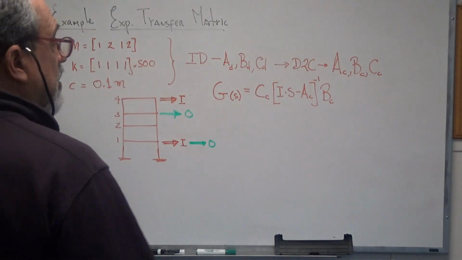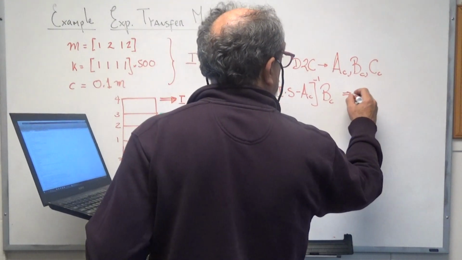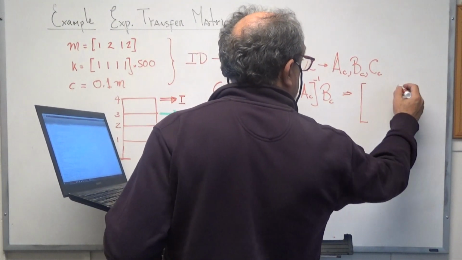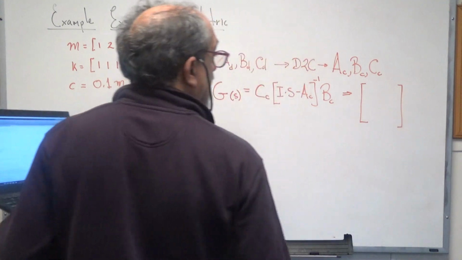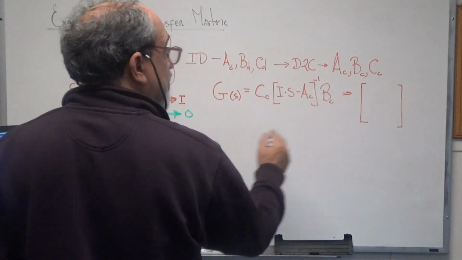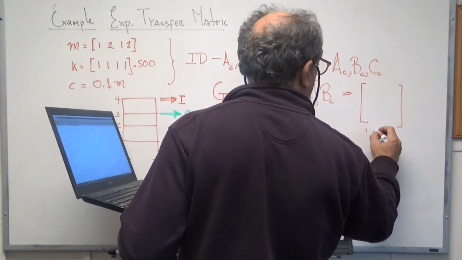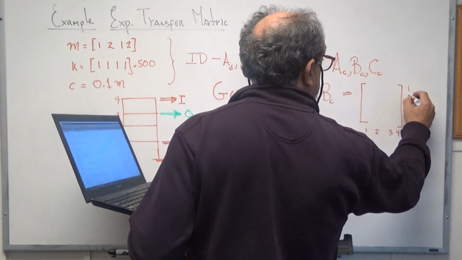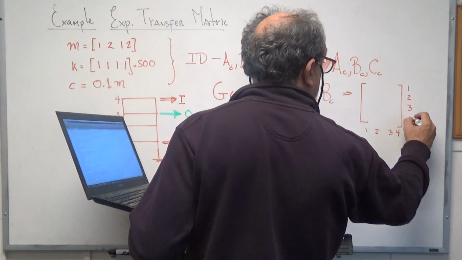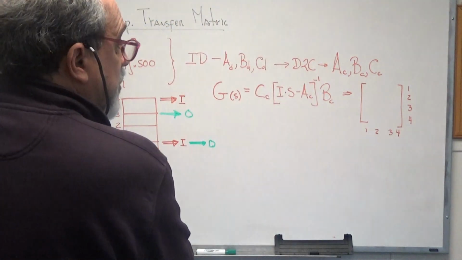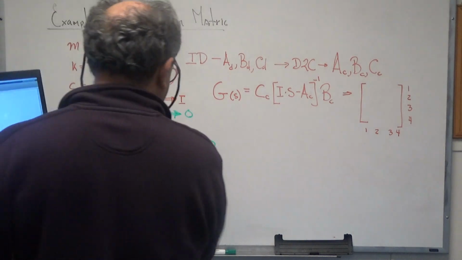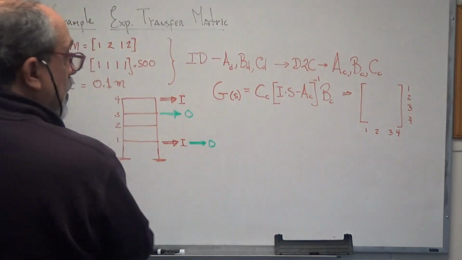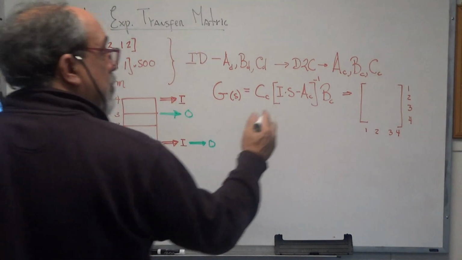And in this particular case, that matrix would prove to be a matrix that, if this system had 4 coordinates, right? 1, 2, 3, 4, 1, 2, 3, 4. What we have of it directly from the ID are the rows where we have outputs, which are row 1 and row 3.